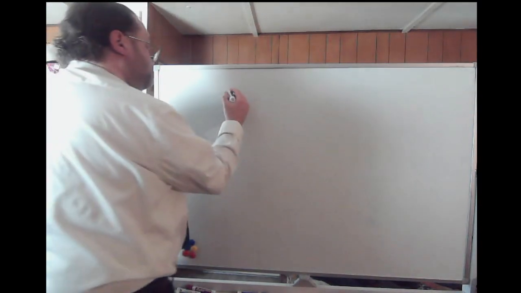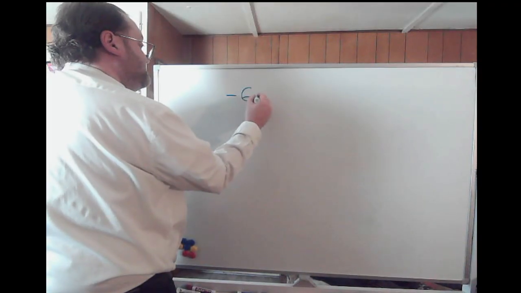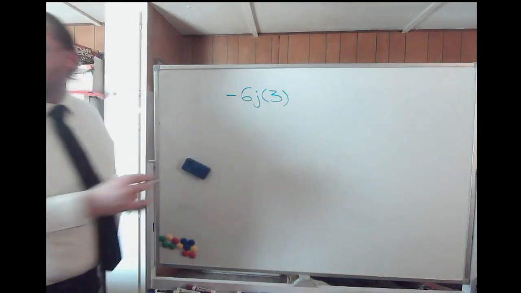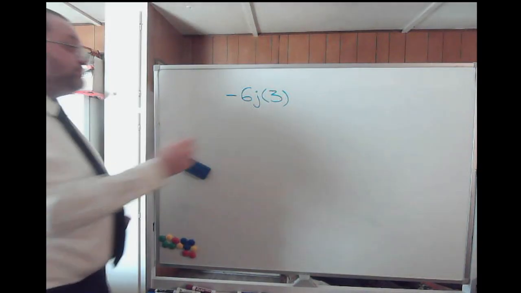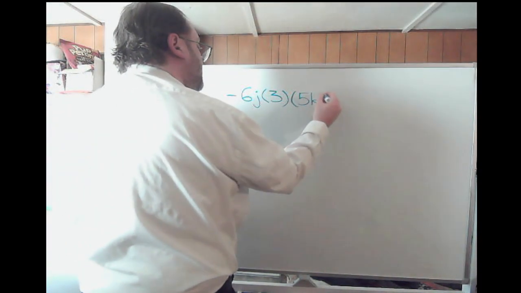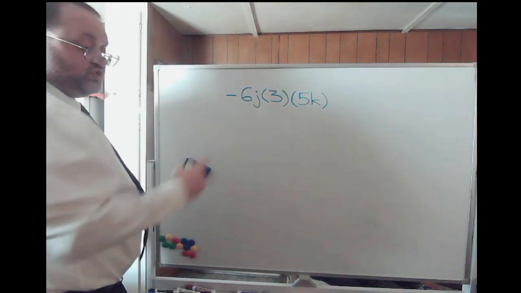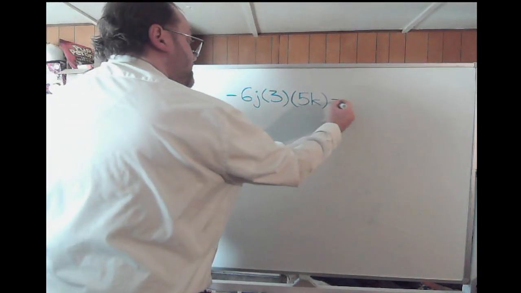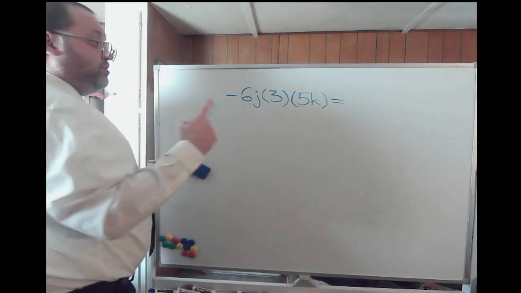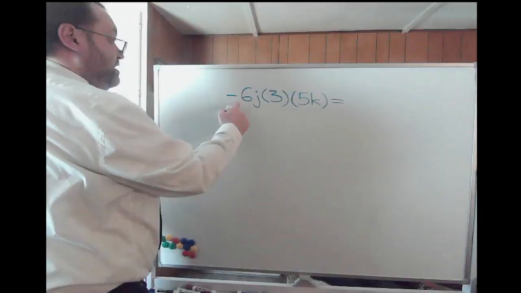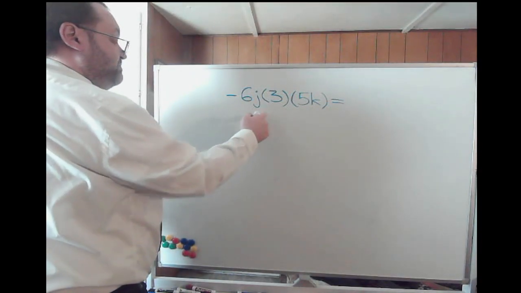Alright, how about this one? Negative 6j times 3 times 5k. Well, this is a 3-part multiplication problem, so let's go ahead and do the first step. You have negative 6j times 3.